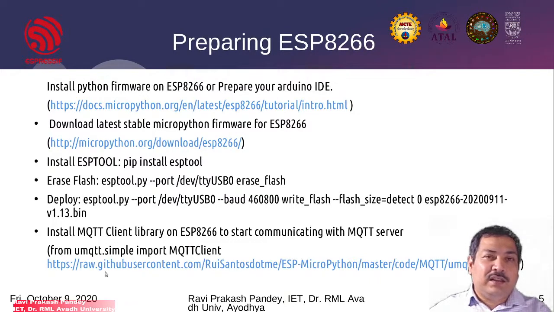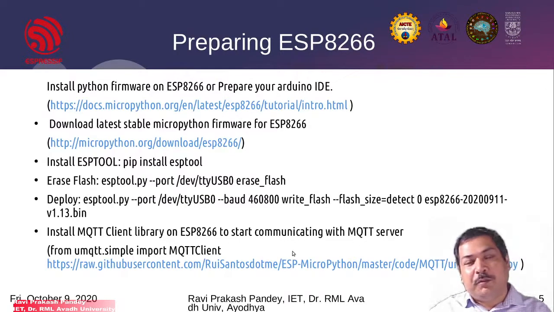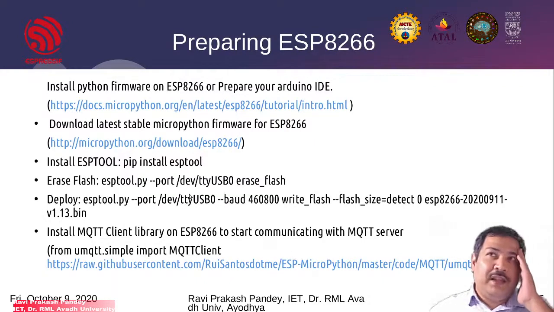The last bullet point you have to follow if you want to install the MQTT client library, so that your ESP8266 board can start communicating with the MQTT server. So that is all for preparing ESP8266.